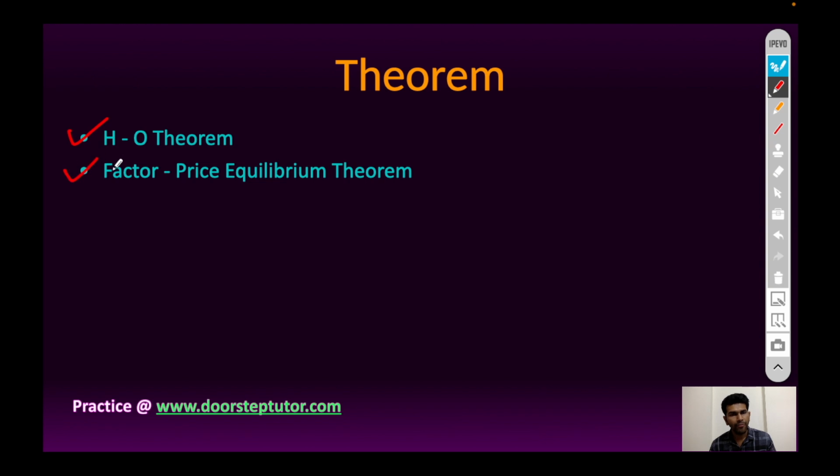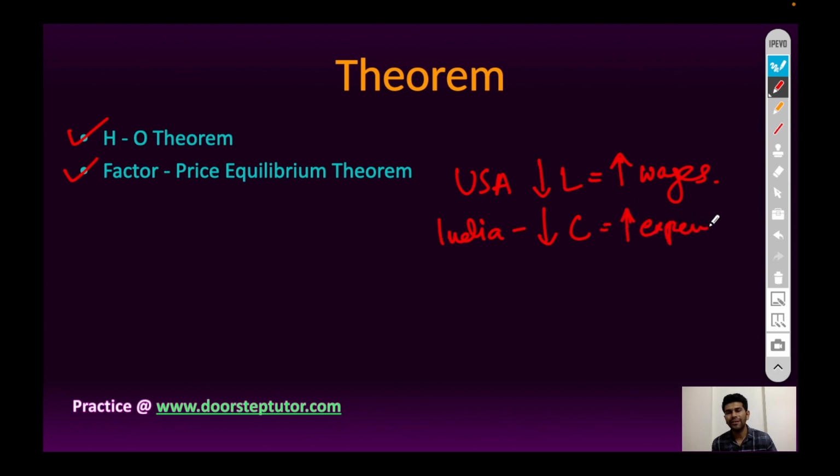Next, factor price equilibrium theorem. It says that in USA there is a lesser number of laborers available, so wages will be higher in the country. Similarly, in India less technology is available, so it will be more expensive.